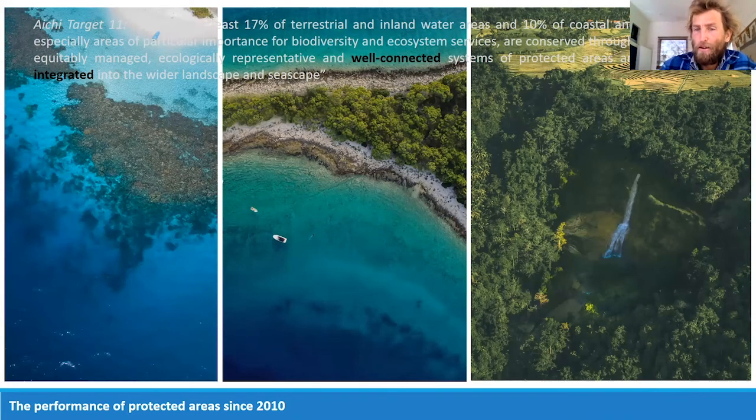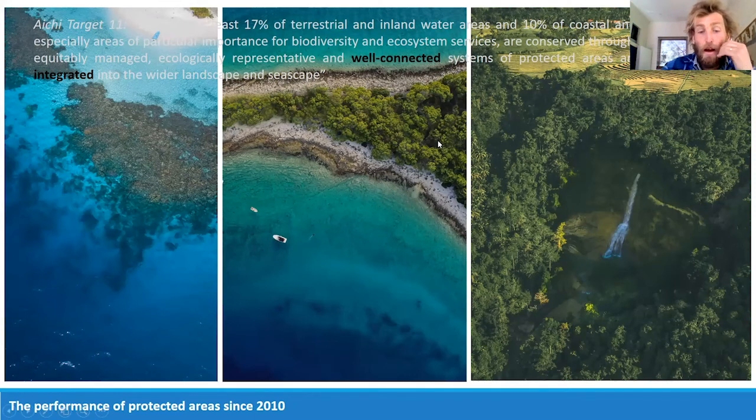Connectivity in the marine realm, my reading of it, is not viewed as essential as connectivity in the terrestrial realm, but I'm sure, please jump in and shout me down if that's not the case. But we do know that in the marine realm, connectivity is important to replenish and maintain fish populations.